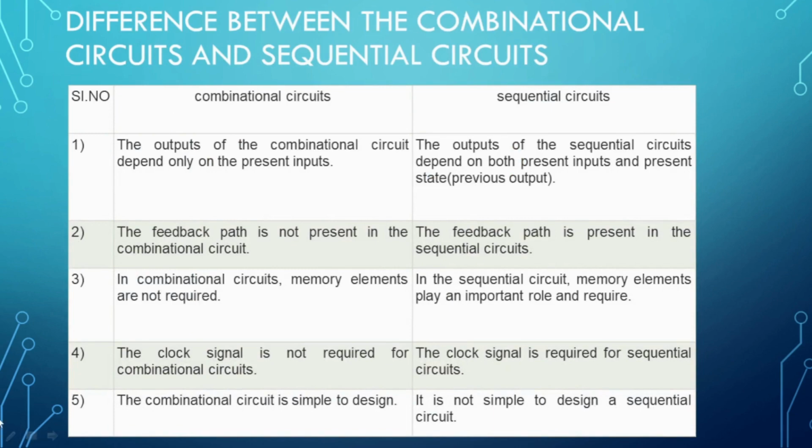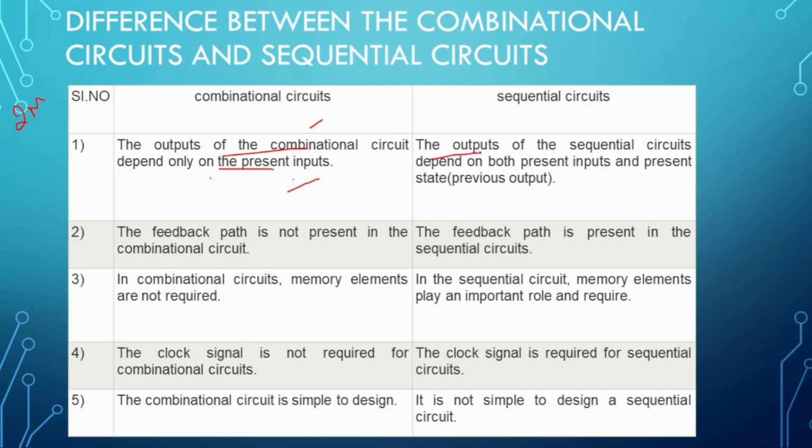Difference between combinational circuit and sequential circuit is one of the 2 mark questions mostly asked in your university examination. The output of the combinational circuit depends only on the present input. I will explain this concept in my Unit 1 combinational circuit videos.